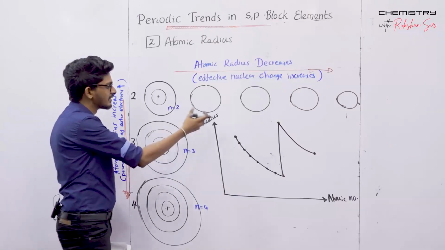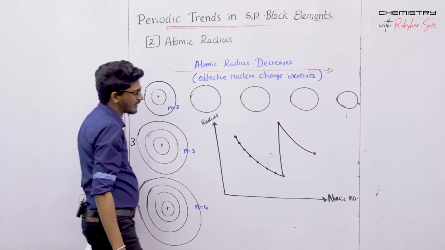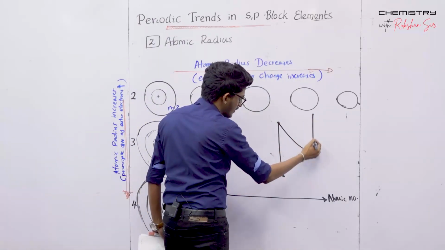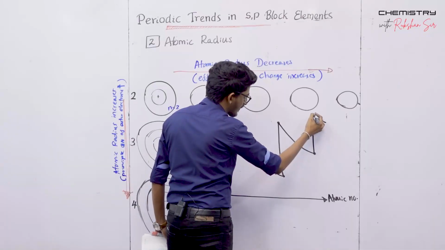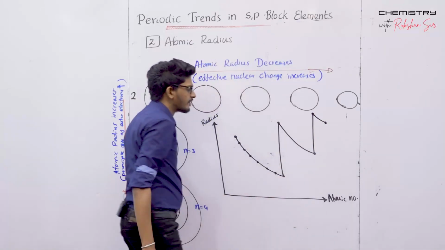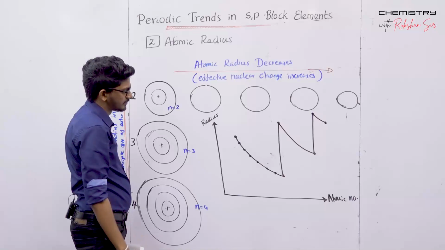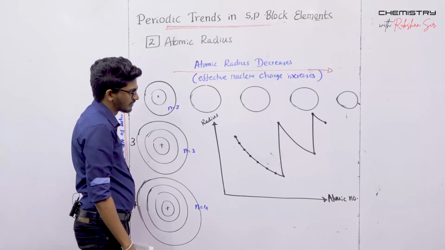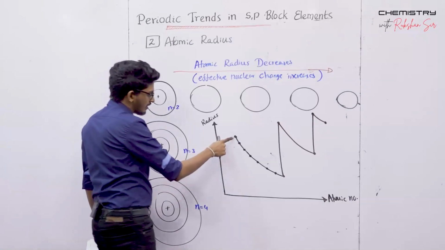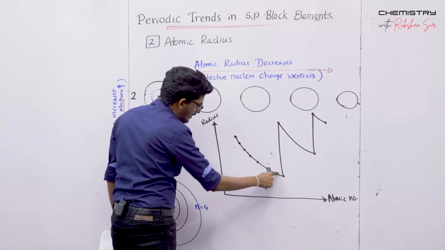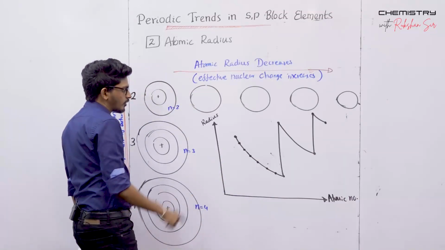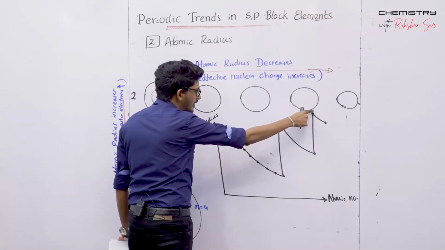With the next period, again the atom becomes larger. So this kind of trend we would see with the atomic radius. Going along a period, the atomic radius gradually decreases. Going down a group, it gradually increases.